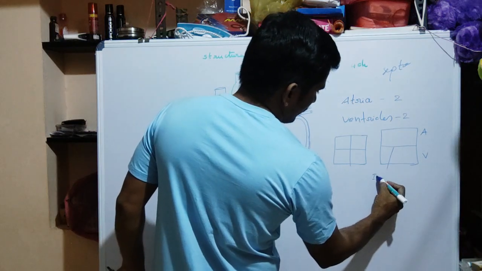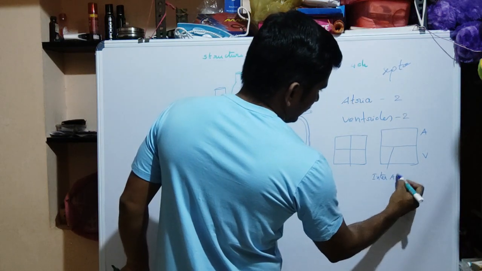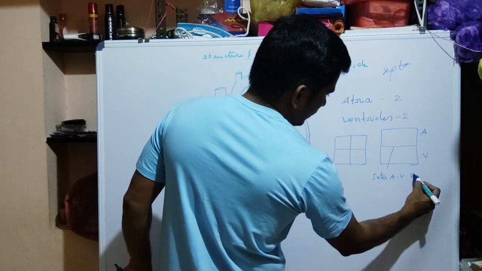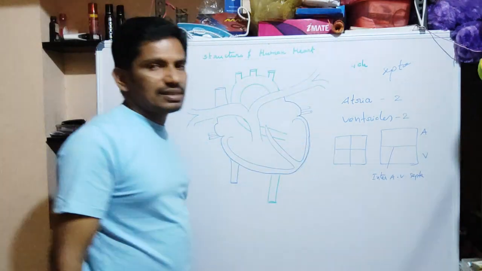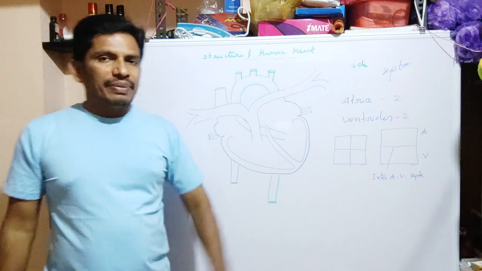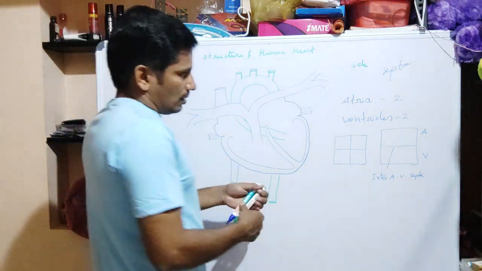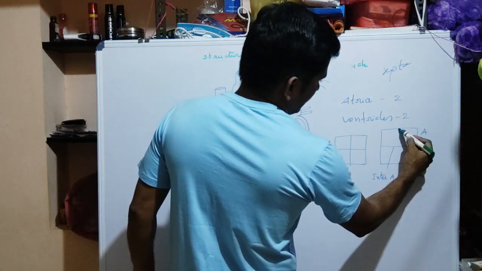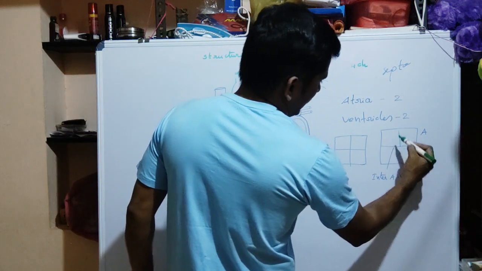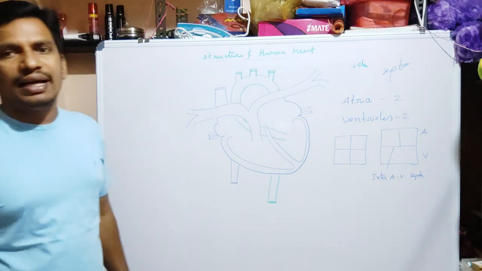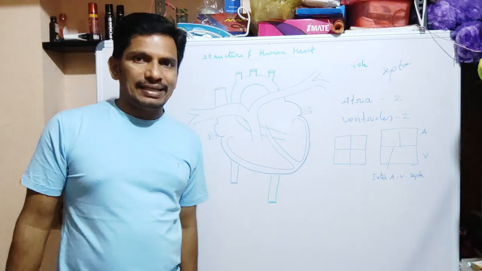What do you call it? Interatrio and ventricular septum. It makes the heart into upper and lower chambers. Whereas the upper two atria are divided into left and right atria. Left atria and right atria.